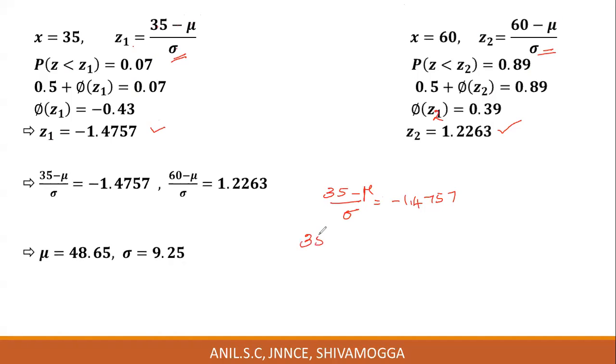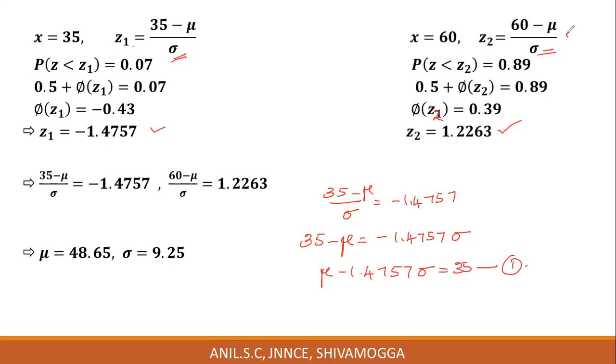Therefore, 35 minus mu is equal to minus 1.4757 into sigma. Therefore, mu minus 1.4757 sigma is equal to 35. Let this be equation number 1.